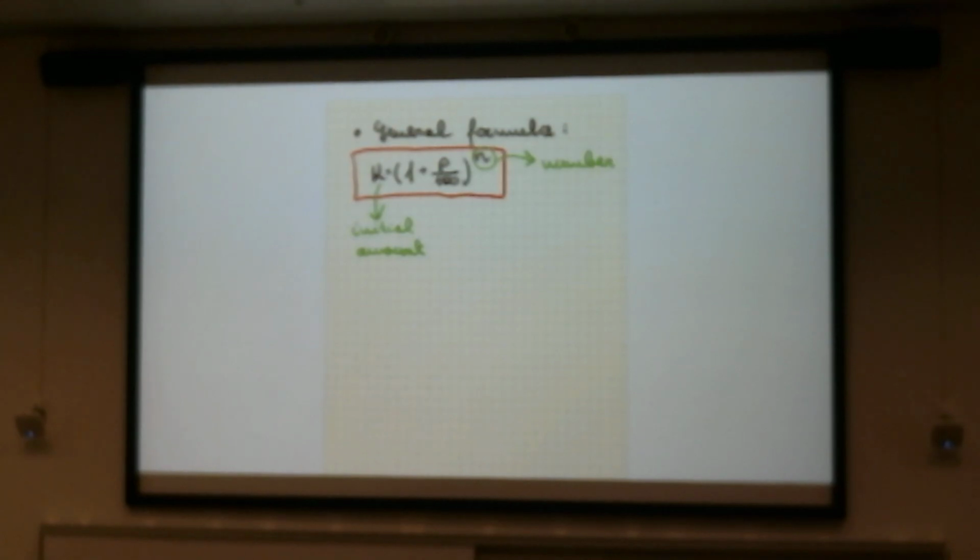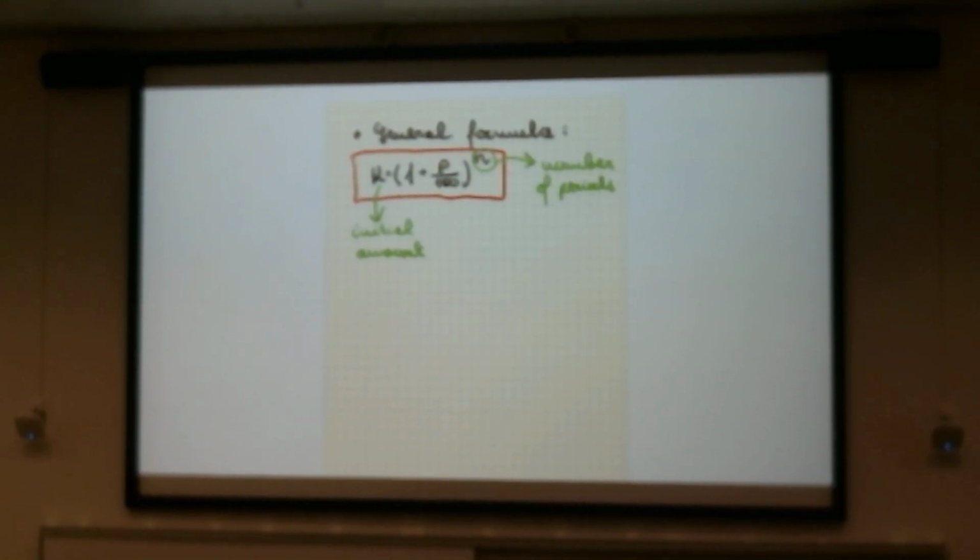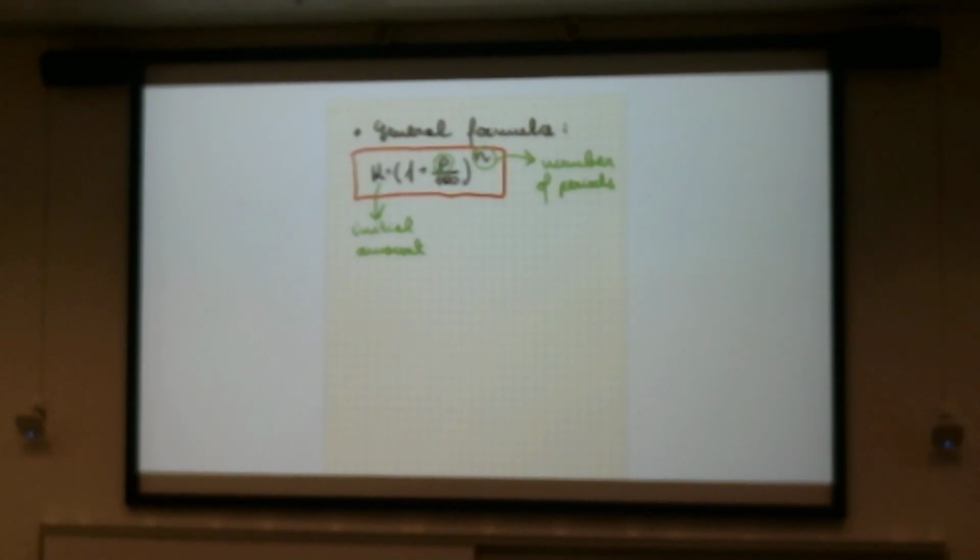In the last example, we talked about months. So if it's 10 months, you write n equals 10. P is the interest rate in percentage.